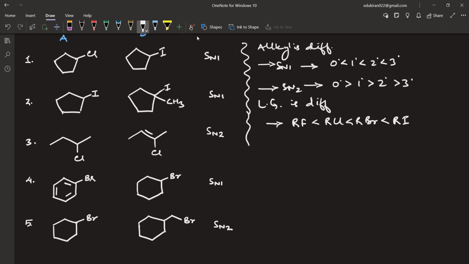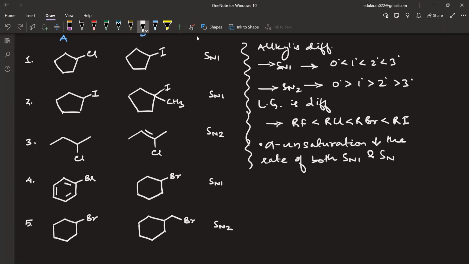Okay. And also one more thing. If you see a pi bond, then you will remember alpha unsaturation decreases the rate of both SN1 and SN2. So this is the crux that is also there in your notebook.